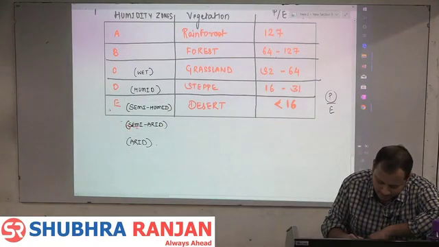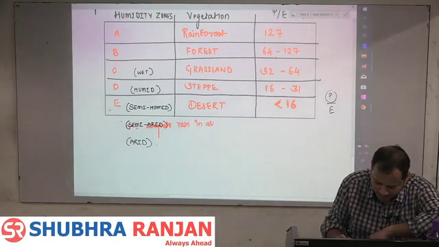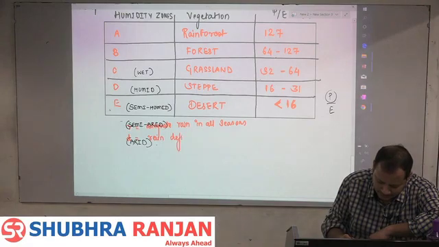small r, adequate rain in all seasons; small d, rain deficit in all seasons; small s, what will that be?